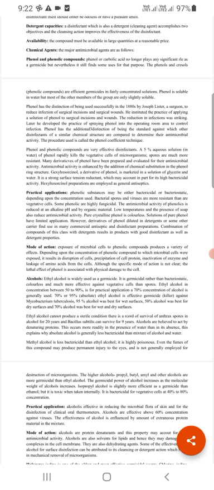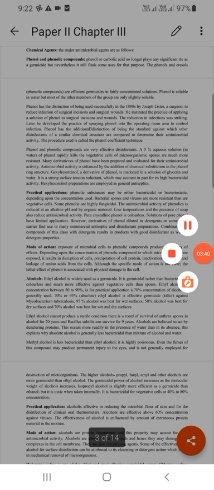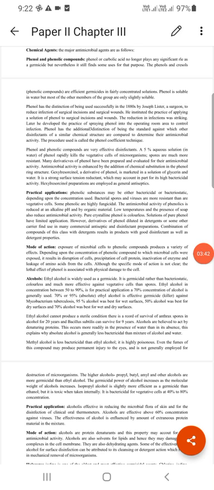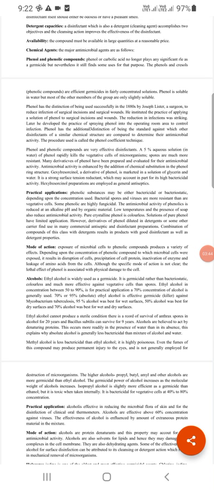Phenol and phenolic compounds are very effective disinfectants, and a 5% aqueous solution of phenol in water is used to readily kill vegetative cells of microorganisms. Spores are much more resistant to this aqueous solution.